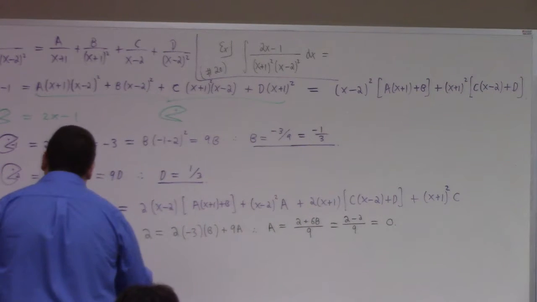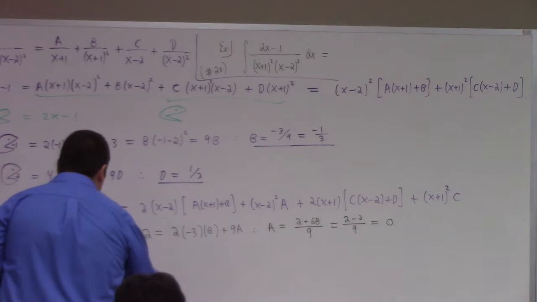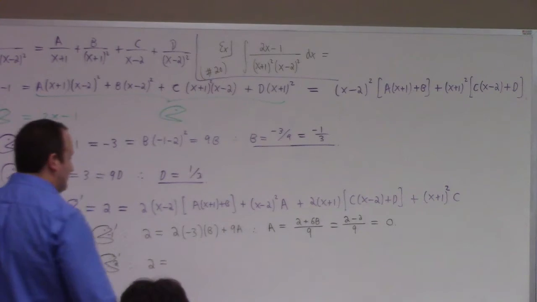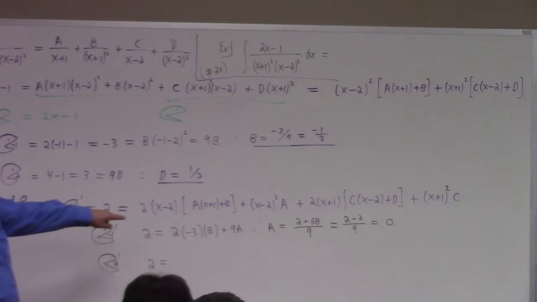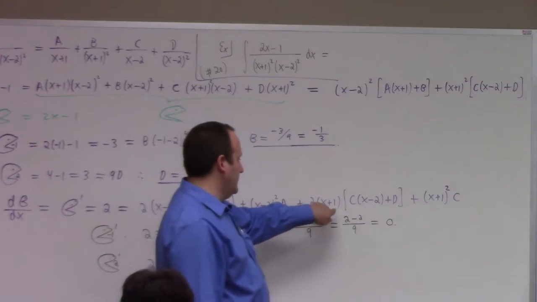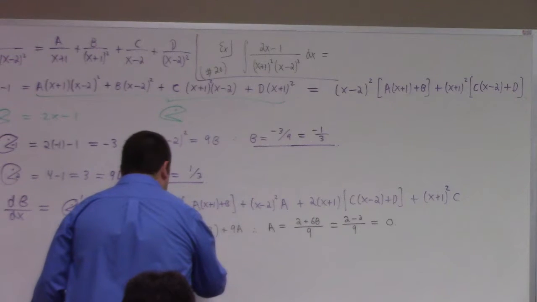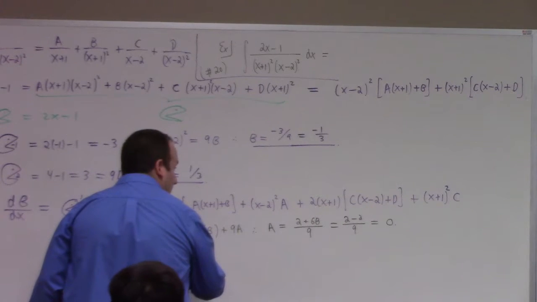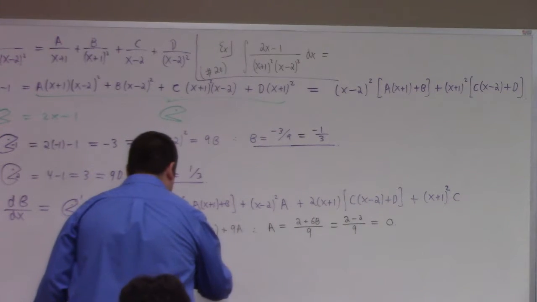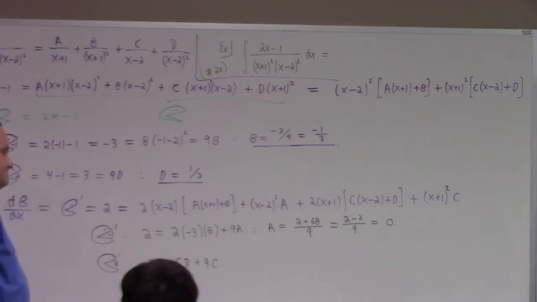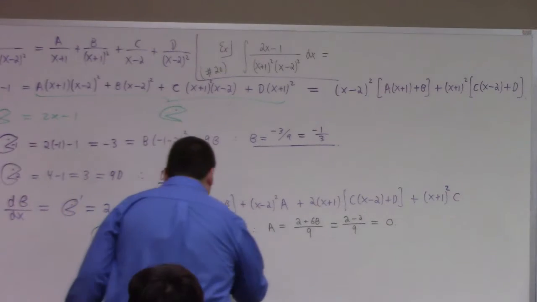All right, Pac-Man prime. Feed it 2. We get 2 is equal to what? So gone, gone. This is 3. 2 times 3 is 6. And then times d, right? Plus 9c. So we knew d before. We can solve for c.